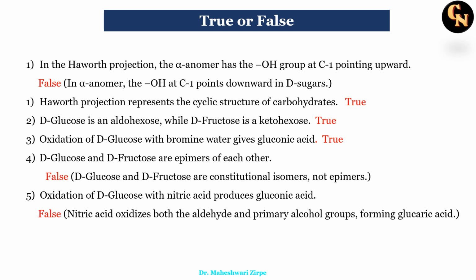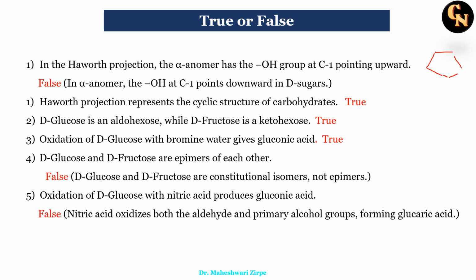Okay, in true or false, the first one is, in Haworth projection, the alpha anomer has OH group at C1, that is first carbon, pointing upwards. So this is false. Basically Haworth projection is, for example, for a five membered ring, this would be the Haworth projection.